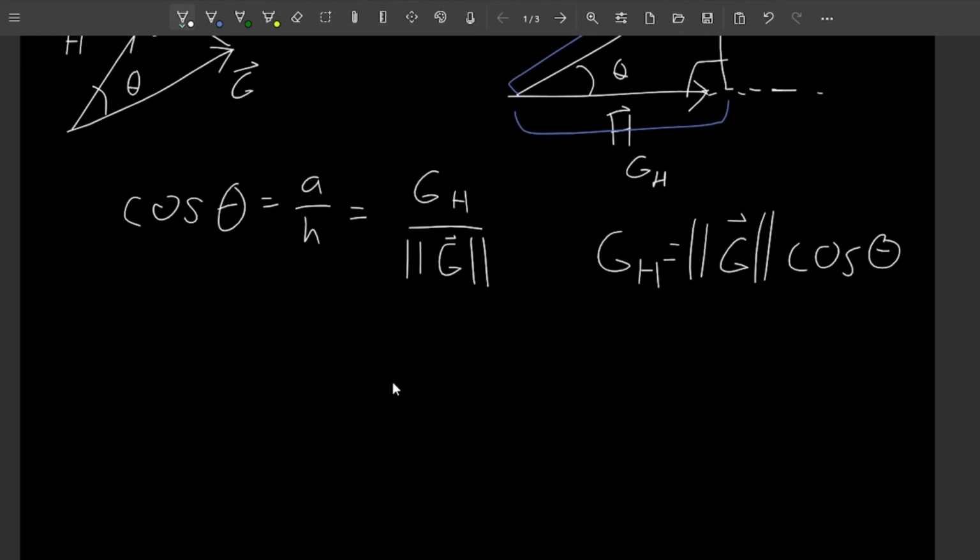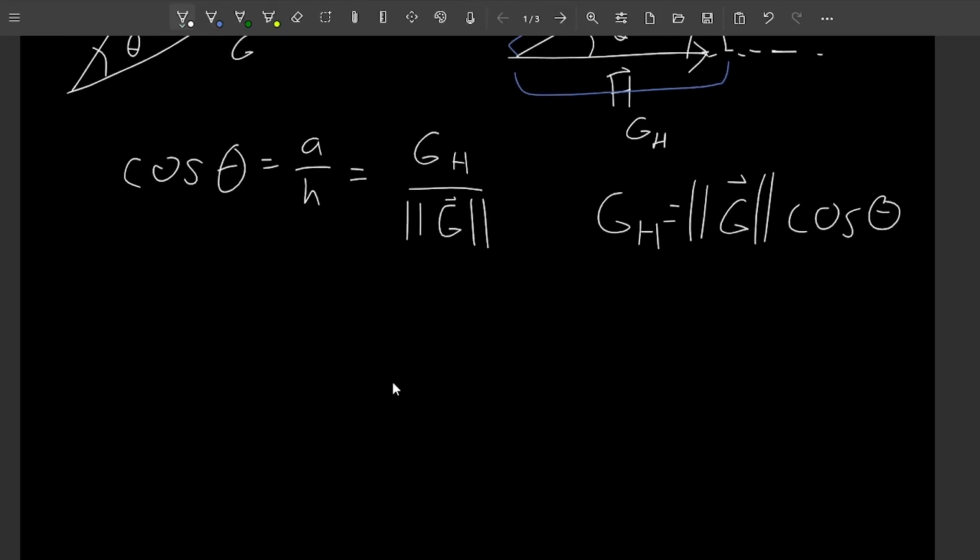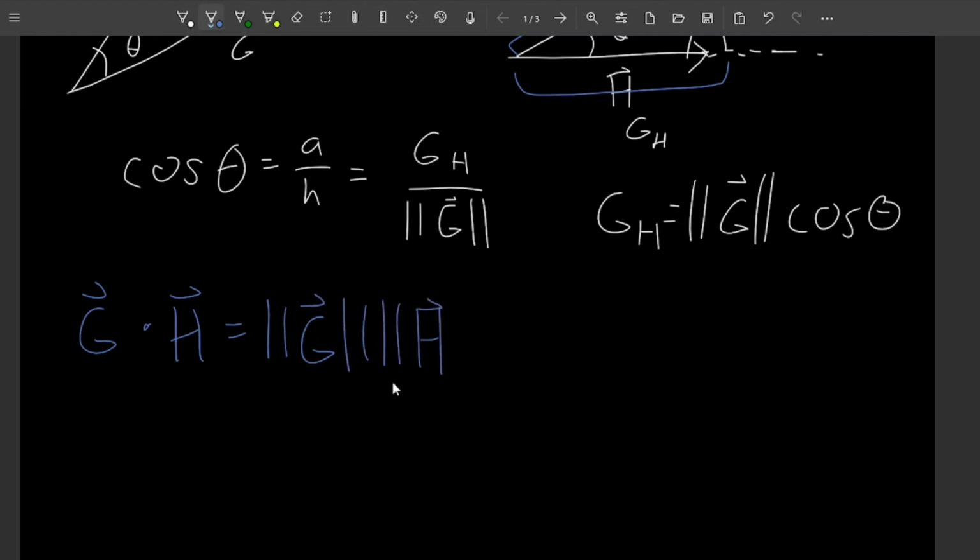And this is where it gets a little tricky. We're going to have to realize something from a relationship we already learned about, which is the dot product. The definition of the dot product states that a vector, in our case g, dot h is going to equal the magnitude of g times the magnitude of h times cosine of theta.